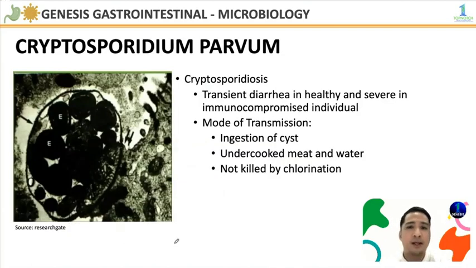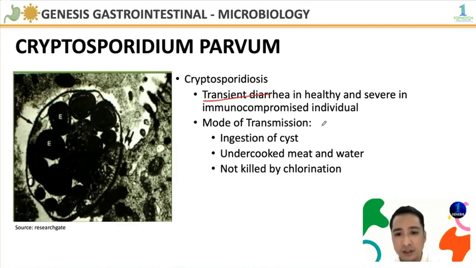Another important microorganism or protozoa of importance for diarrhea. Now we're going to talk about diarrhea in patients who are immunocompromised, in particular your HIV patients or AIDS patients. You have your Cryptosporidium parvum that will present with transient diarrhea in healthy individuals and can cause severe life-threatening diarrhea in patients with HIV.